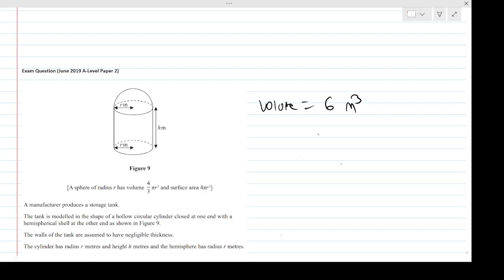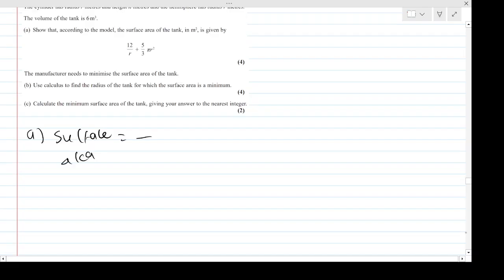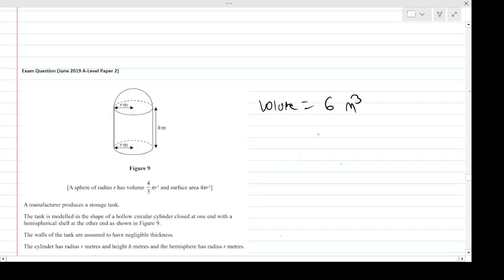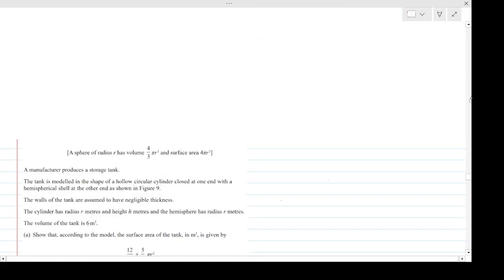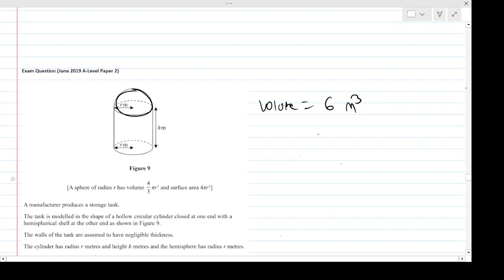Pi r squared, the area of the base circle. So I can do pi r squared. That's my base. Then the curved cylinder face is going to be 2 pi r h, the circumference times by h. Then it's the surface area of the sphere, or the hemisphere, technically. Well, the hemisphere again is half of a sphere, right?